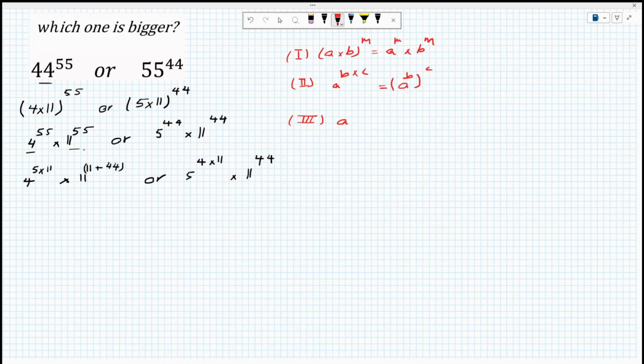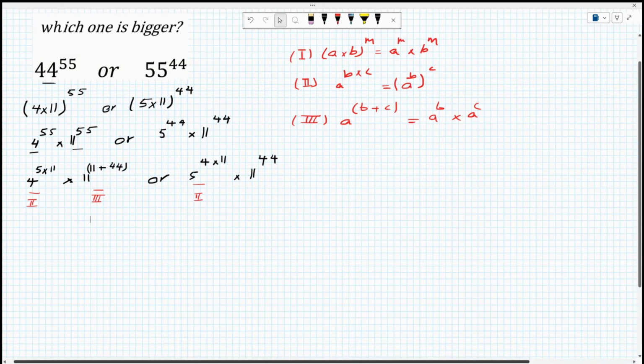A to the power of (b plus c) equals a to the power of b multiplied by a to the power of c. So here I'm going to use equation number 2, here I'm going to use equation number 3, and here I'm going to use equation number 2.